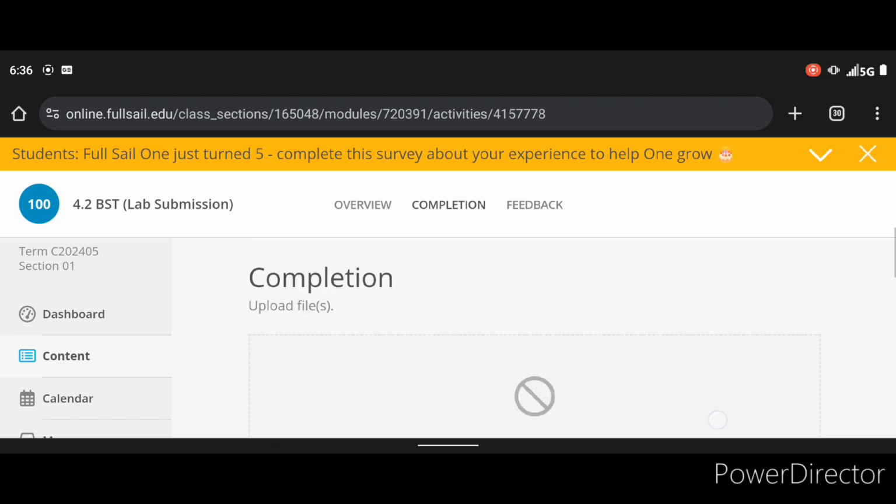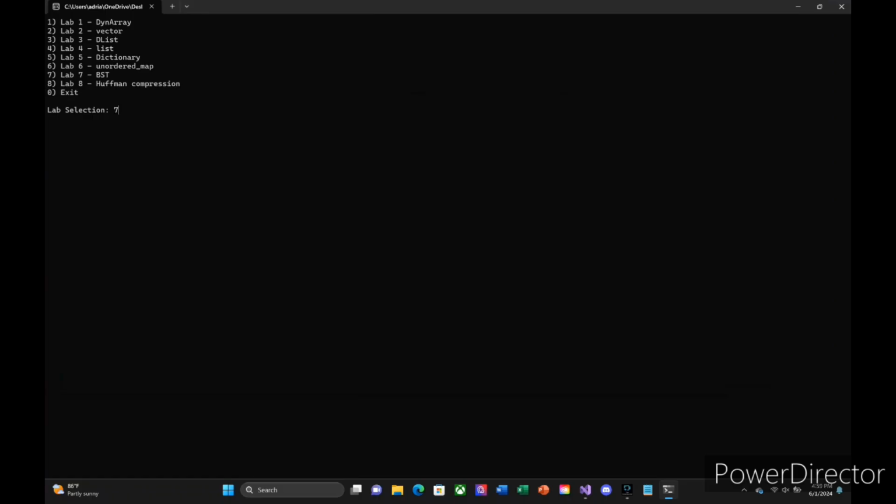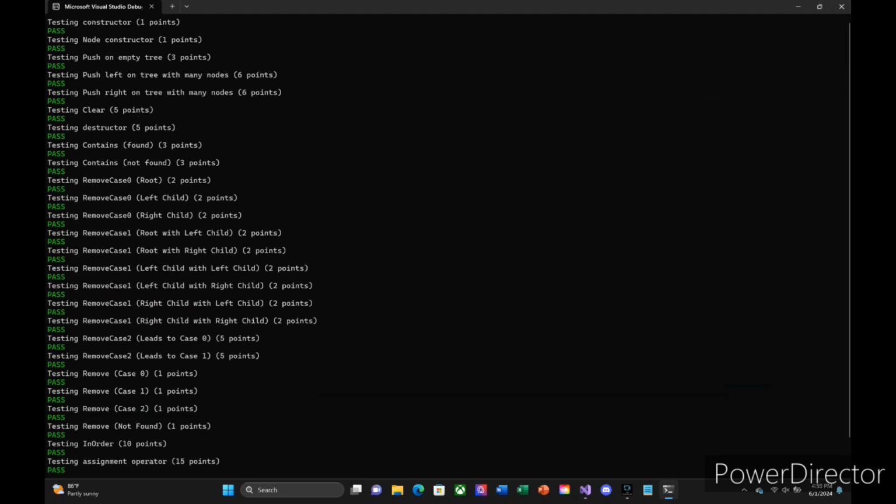For methods, there was the node constructor, the BST (binary search tree) constructor, push method, clear method, destructor, contains method, and find node, which was an optional method, but it actually came to be helpful for other methods, and I just ended up using it.